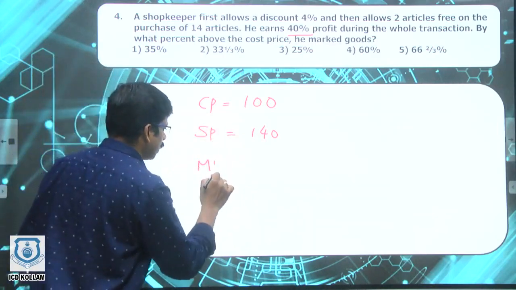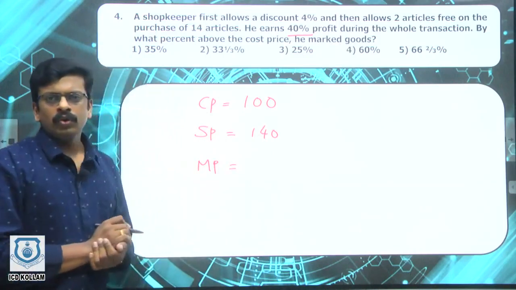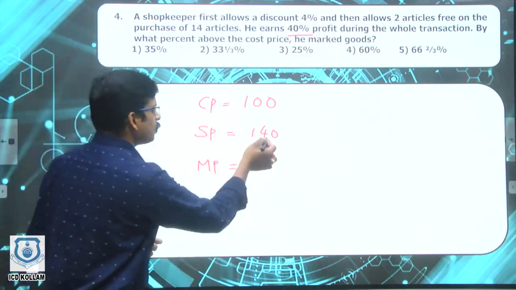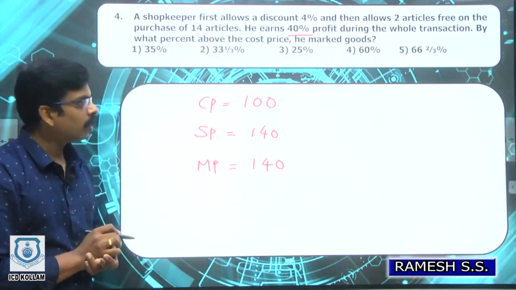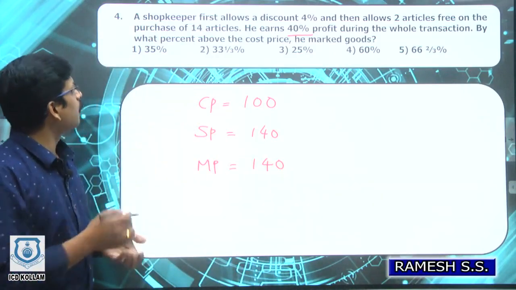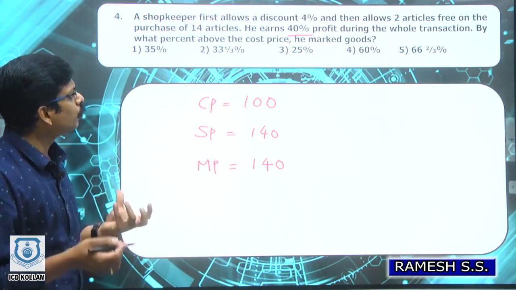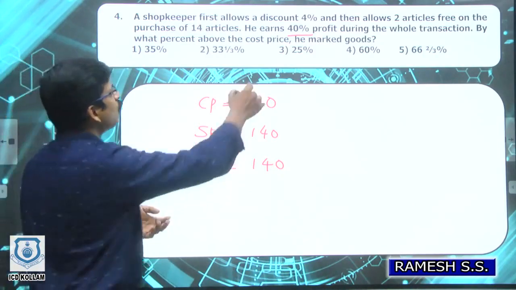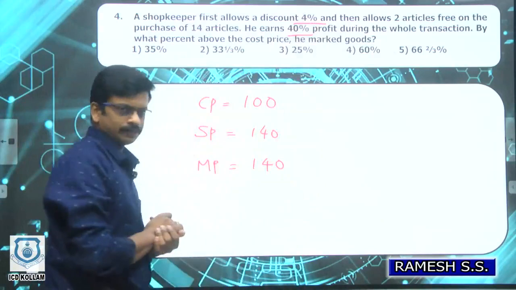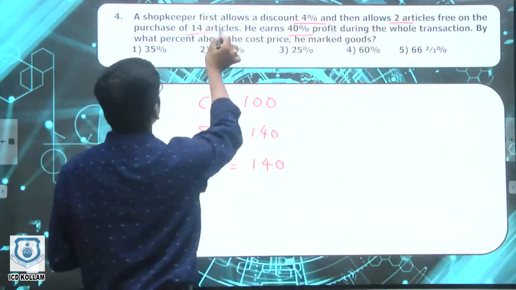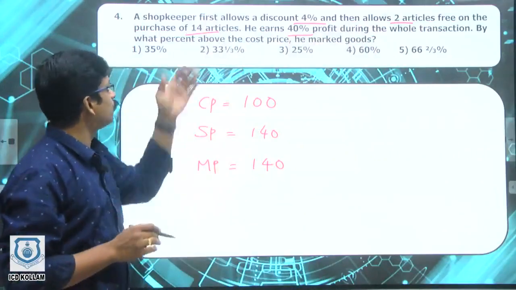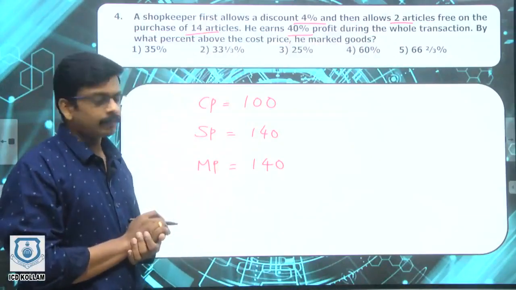Now the mark price. You can find the mark price from this 140, from the selling price. And it is affected by two things. One is the 4% discount. The other is 2 articles free of cost for 15 articles.